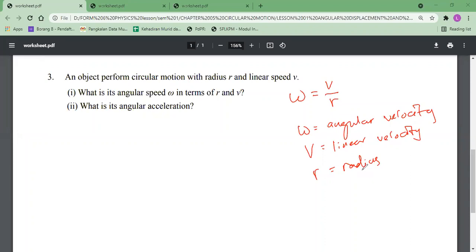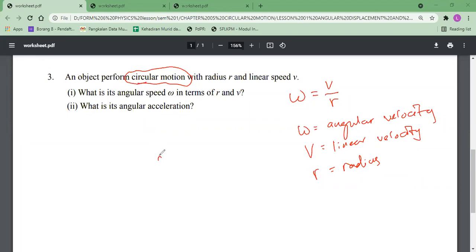And next, what is the angular acceleration? Okay, if the object performs a circular motion, that means that the v will be constant, right? So how about the angular acceleration?